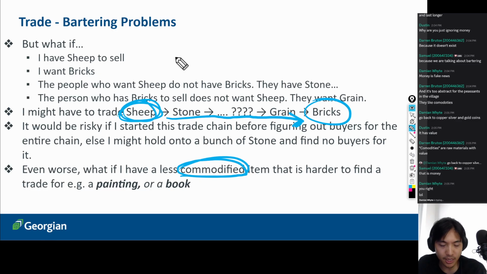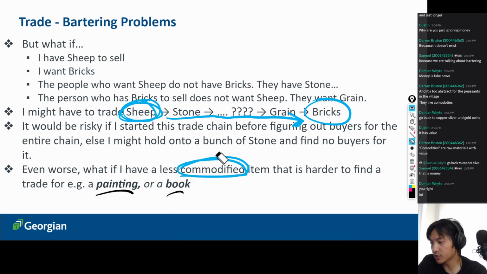That does not happen with paintings. One painting is unique and very different from another painting, and it's not traded so easily. Somebody might value this painting at $10, and somebody else might value that painting at $10,000. Completely different. So a painting or a book is not a commodity.